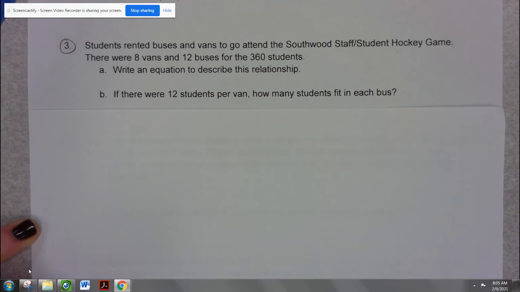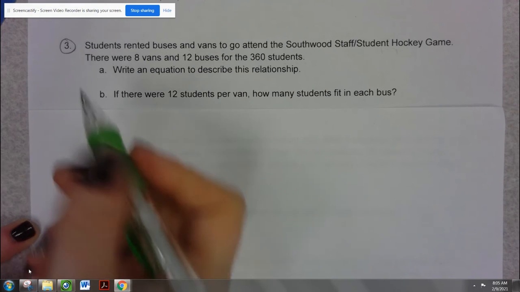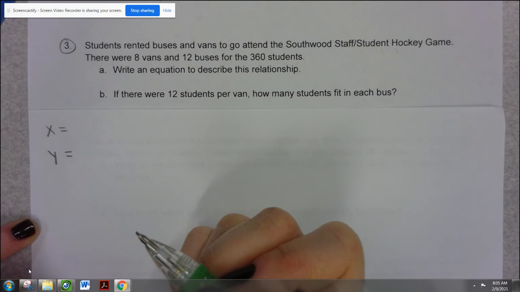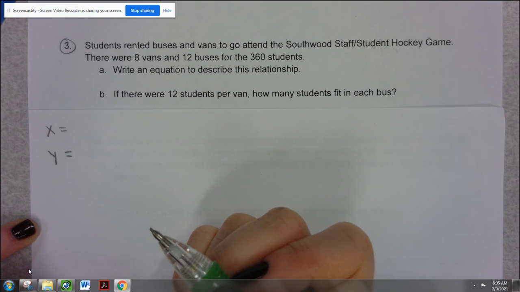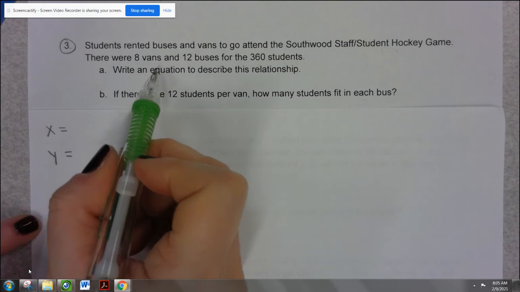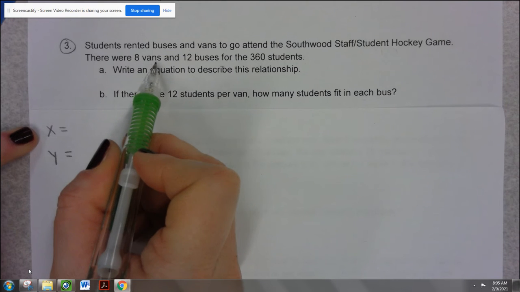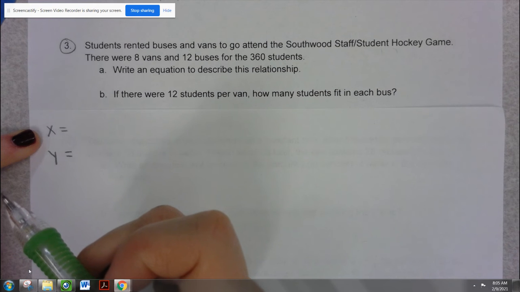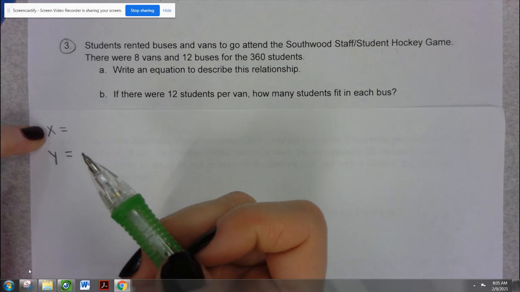Well, the first thing I'm going to do is, in my mind, I know vans and buses can hold a different number of students. So I have to figure out what I'm going to have x and y represent. So if I have 8 vans total, ultimately I'm going to have to write a statement that represents how many people can fit in vans.